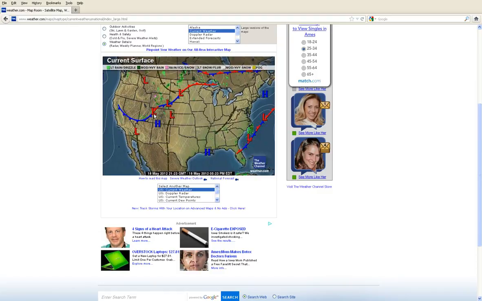Now, if we look back here into northwestern Colorado, you will see a cold front that I'm outlining here with the cursor. Notice the triangles, and it's indicating the motion. So this front is moving to the southeast. But we don't know how fast it's moving.